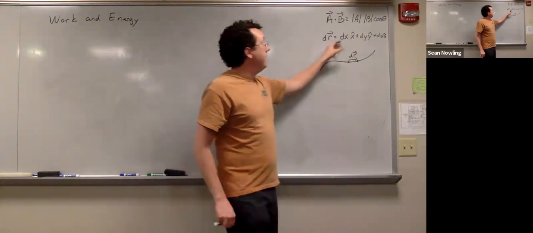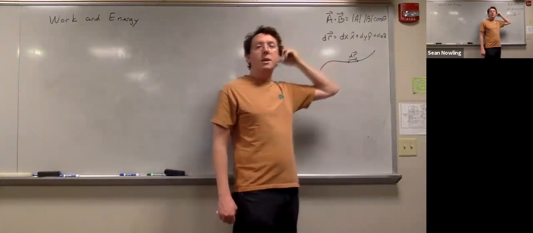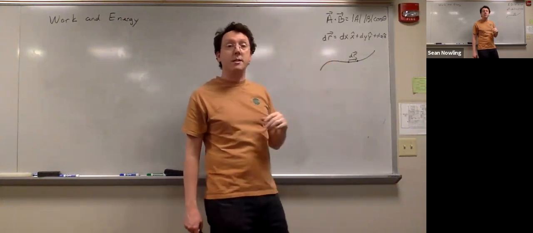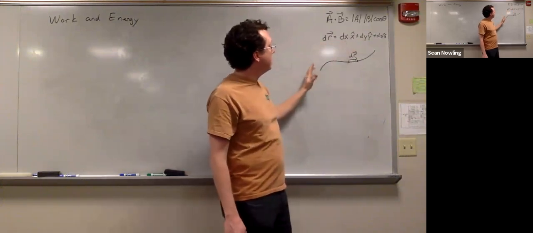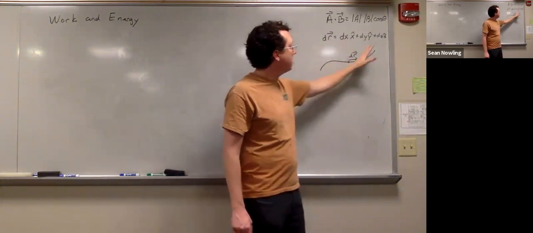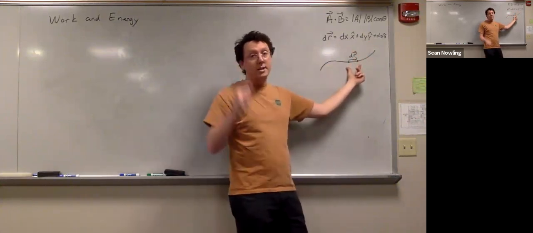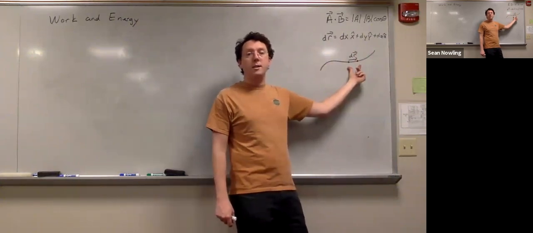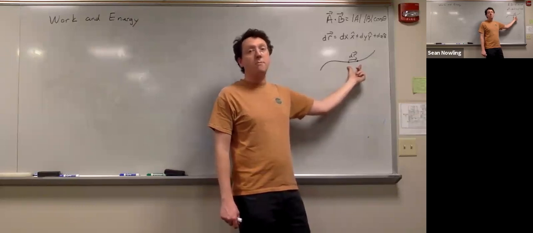The other thing harkens back to what we did way back in the beginning of the course when we were talking about velocity vectors. I was talking about in 3 dimensions, if you had a curve, you could have a little baby step on the curve. And since I tend to call position vectors R in 3D, then a little baby step is like a change dr vector in your position vector.